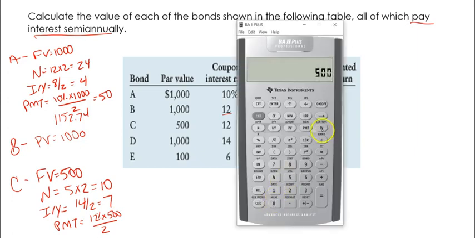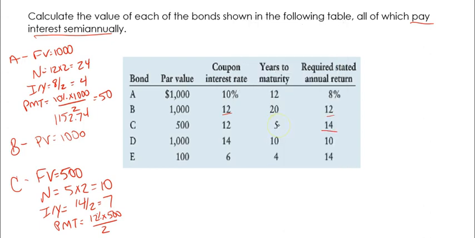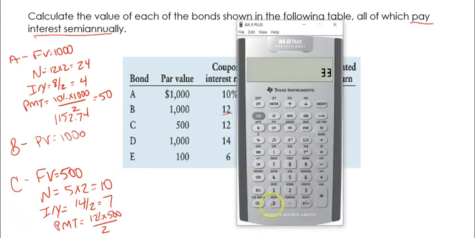So $500 future value, 10 periods, 7% required return, and a $30 payment. Compute the present value. This bond is paying 12% while the required return is 14%. So it should be trading less than par value, which we see, $464.88.